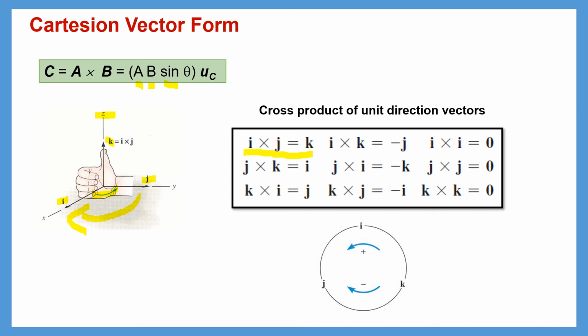So it will generate minus k. Okay, for example, j cross k.